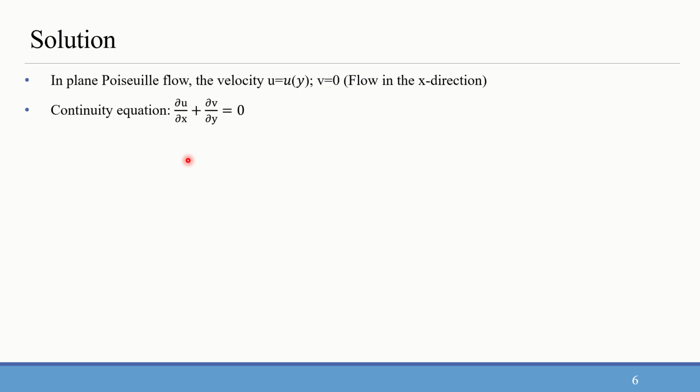This is the continuity equation. Now we need to check whether the continuity equation is satisfied or not. Here u is a function of y, so when we take the derivative of u with respect to x, dou u by dou x will be 0. Now we have dou v by dou y, and v is also 0. So the continuity equation is satisfied.